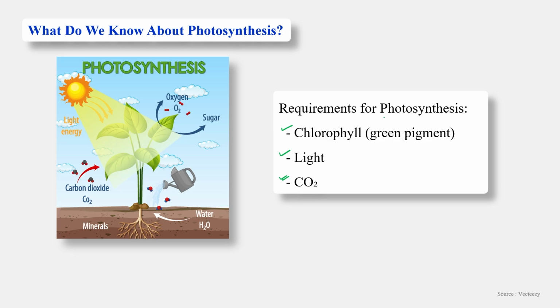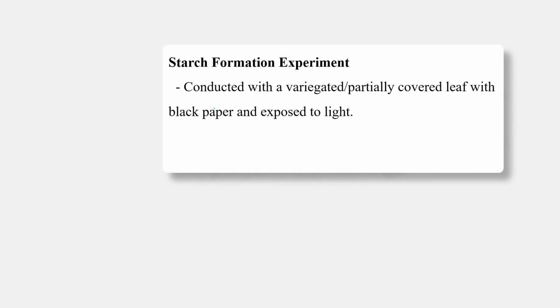So what is the requirement? Chlorophyll, light, carbon dioxide, and starch is formed, right? So let's discuss some experiments which show that starch is formed after utilizing all these three things.